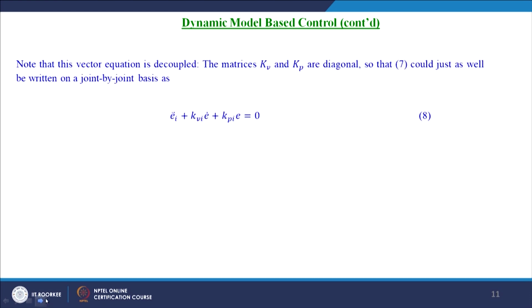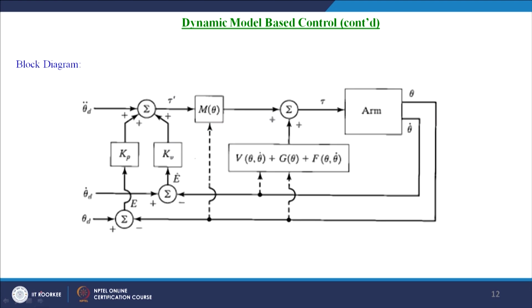Note that the matrices Kv and Kp are diagonal. So, on a joint by joint basis, for joint i, that dynamic equation can be written as e i double dot plus Kvi e i dot plus Kpi into e i equal to 0, which is equation number 8.